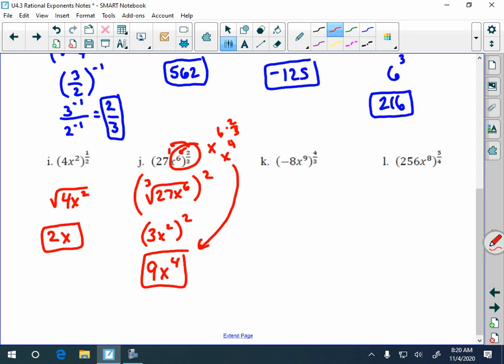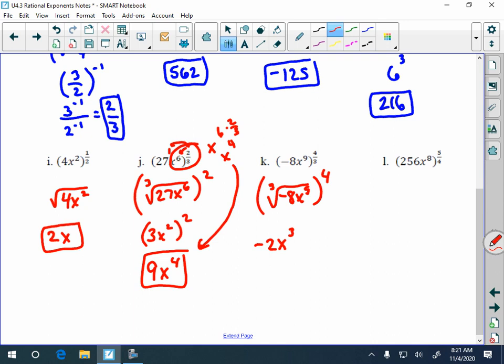All right, K, let's see, we can convert this to a radical. So negative 8x to the 9, that's the cube root, and it's all raised to the 4th power. The cube root of negative 8, well, that's negative 2, because negative 2 times negative 2 times negative 2 is negative 8. The cube root of x to the 9 is x to the 3rd.